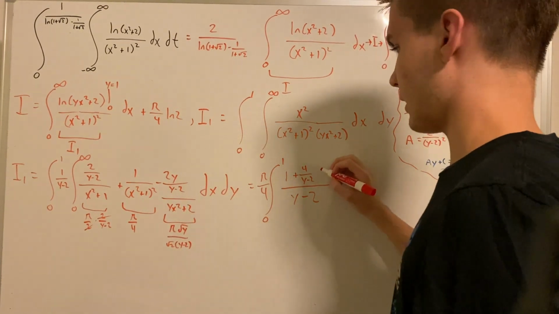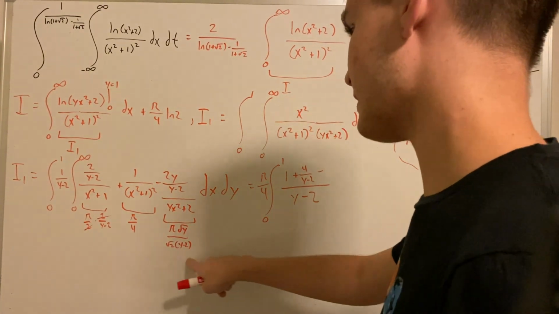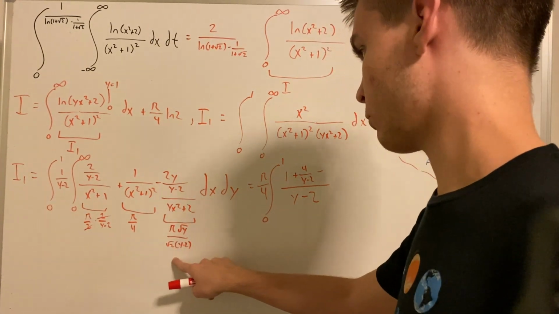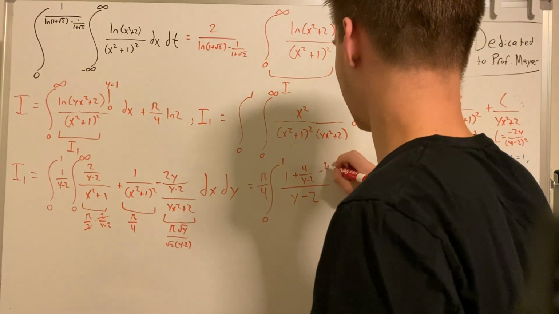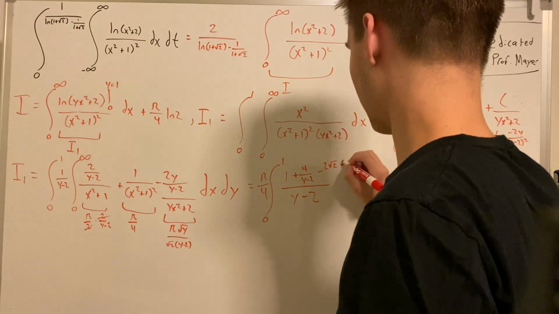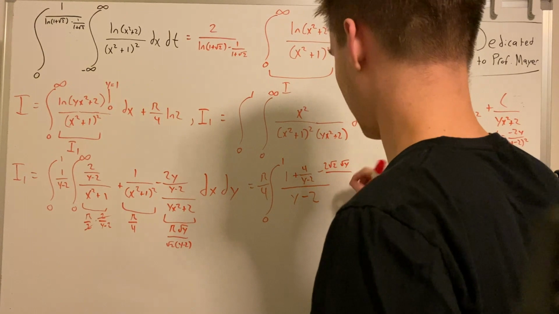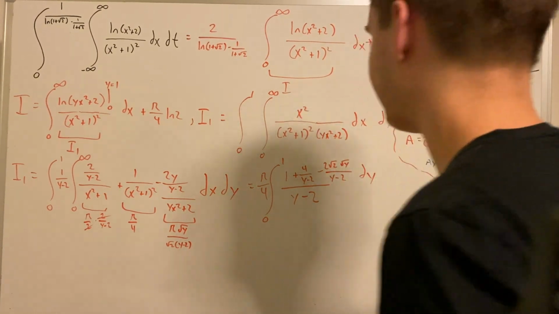Yep. Okay, great. And then the next, we have this. And since I pulled out pi by 4, I have to multiply this by 4, which will make a 2 root 2 appear up here. So we're going to have 2 root 2 root y over y minus 2 dy.